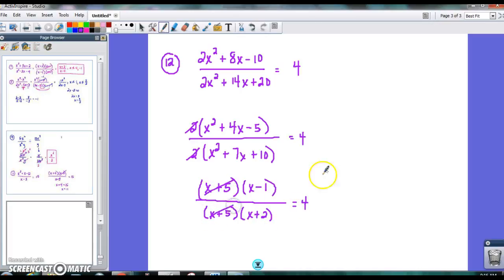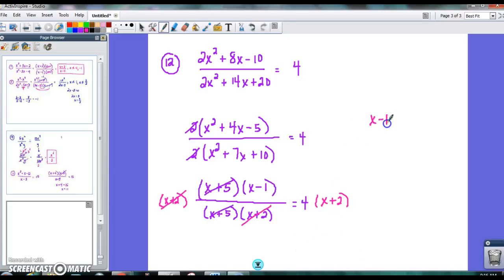My x plus 5's cancel. So now I'm left with x minus 1 over x plus 2 equals 4. From here, I would multiply both sides by x plus 2. Whatever you do to one side of your equation, you have to do to the other. I have an x plus 2 in the numerator and an x plus 2 in the denominator, so those cancel.